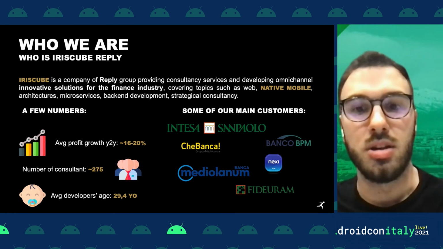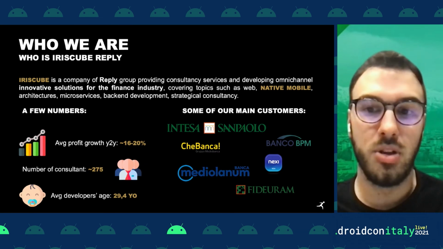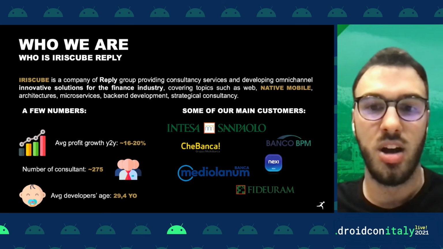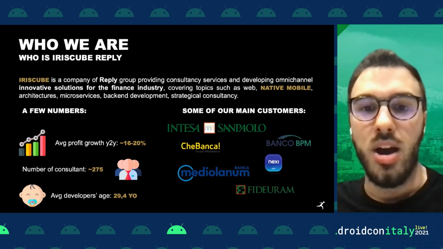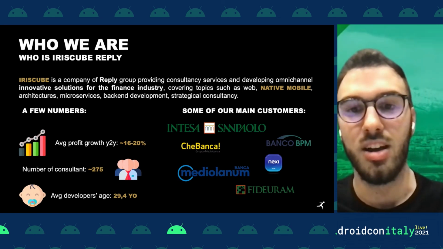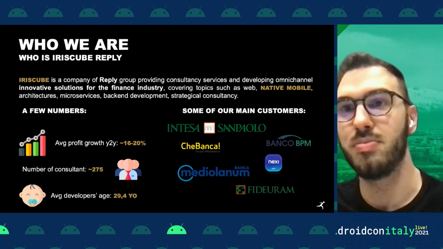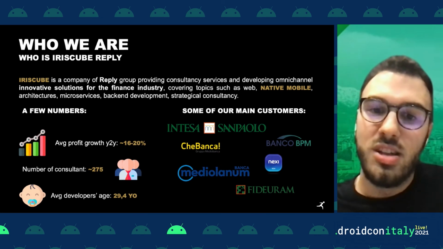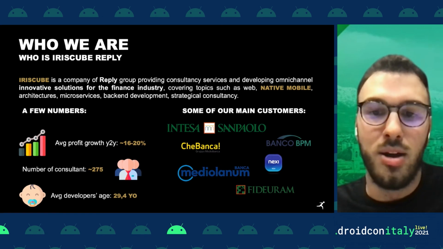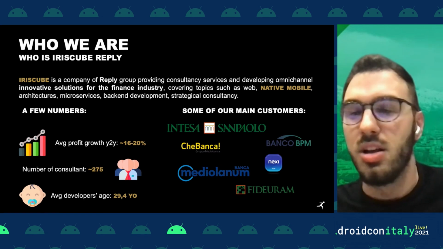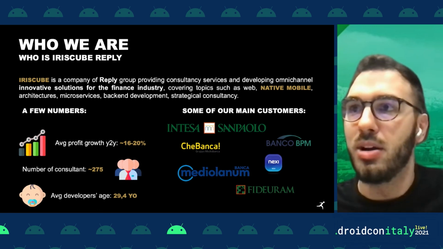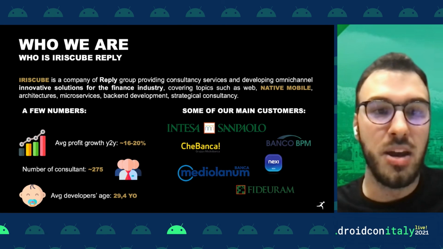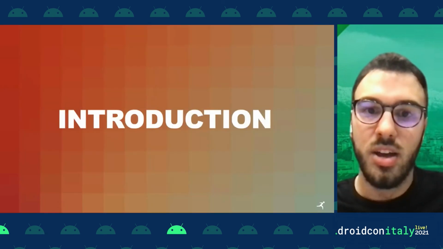We are a company in constant growth with an average profit of 16-20%. We have just under 300 employees, a young and talented team, with an average age of 29 years old. In this slide, you can also see some of our main customers: Intesa Sanpaolo, CheBanca, Banco BPM, and so on. They are all large banking groups in Italy, and not only Italy.